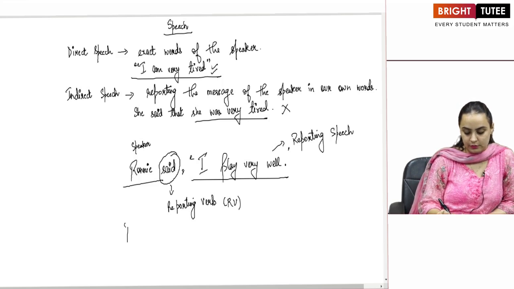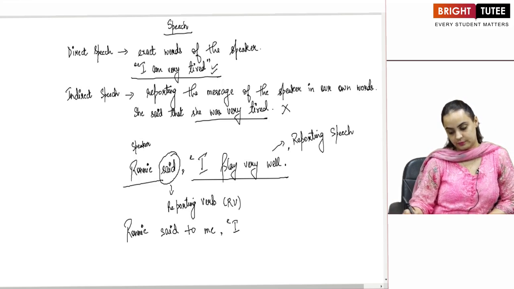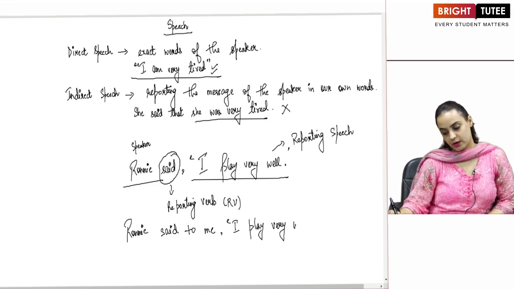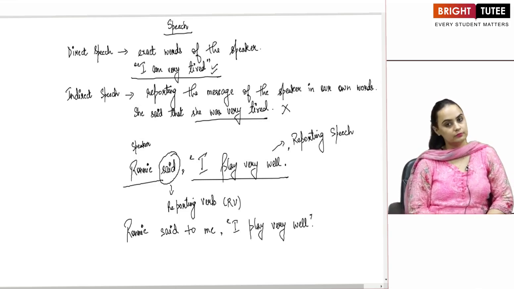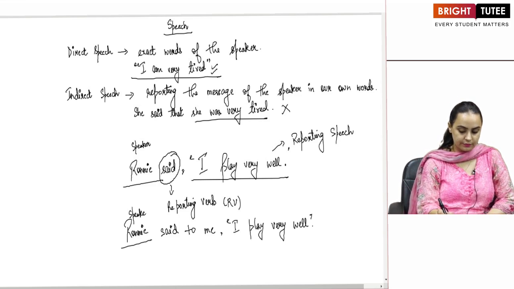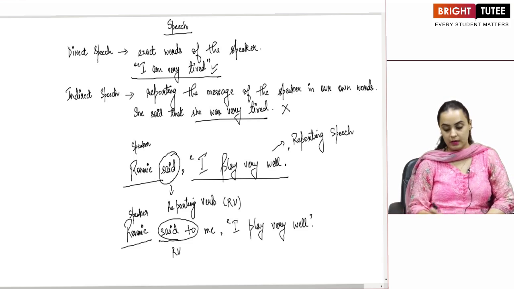For example, Ronnie said to me, "I play very well." Here Ronnie is my speaker. Said to is my reporting verb.